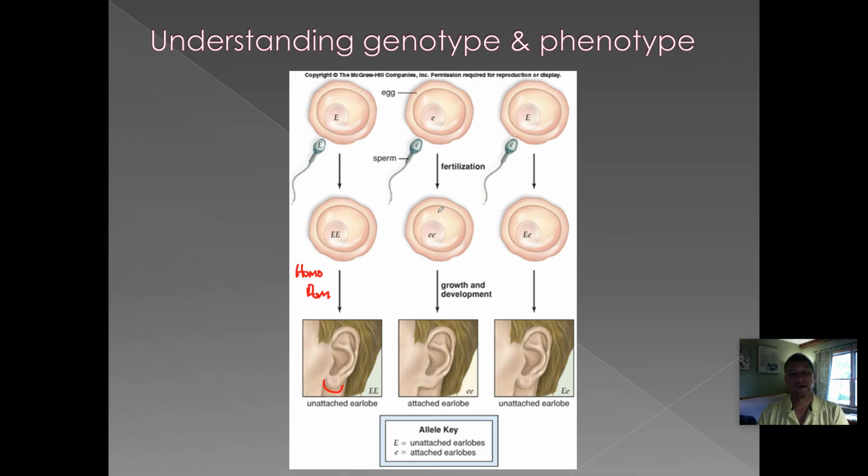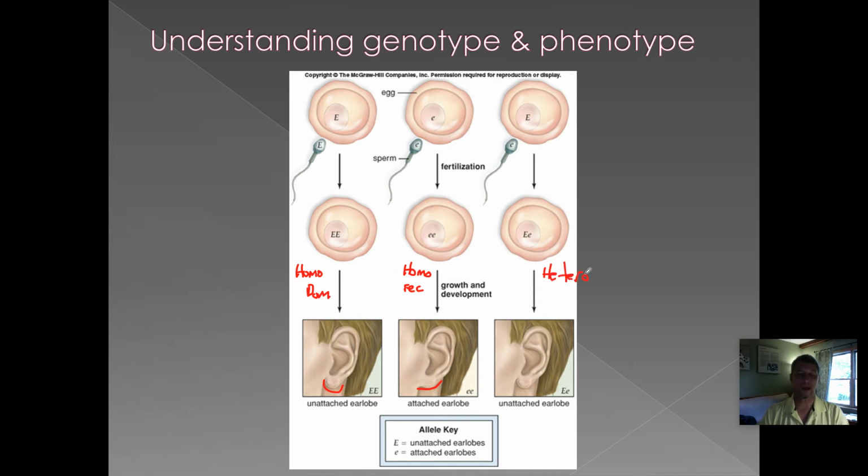If you have an egg with a recessive allele and a sperm with a recessive allele, then you're going to end up with a zygote that is homozygous recessive, and this person will have an attached earlobe. Finally, there should actually be four of these, but if we have a dominant allele in the egg and a recessive allele in the sperm, or possibly a recessive allele in the egg and a dominant allele in the sperm, then the zygote will end up being heterozygous.